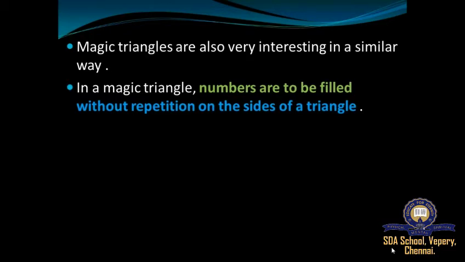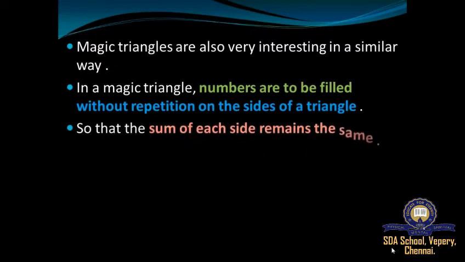Whereas in a magic triangle, the numbers are supposed to be filled without repetition on the sides of a triangle, so that the sum of each side remains the same. Okay, understood, students? So in a magic triangle, the numbers must be filled without repetition on the sides of a triangle, such that the sum of each side remains the same.